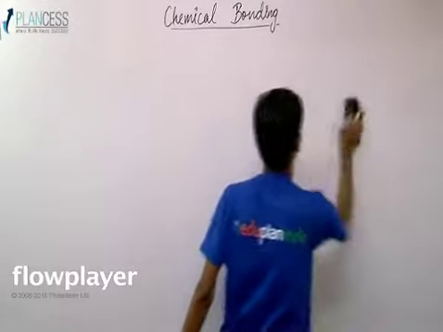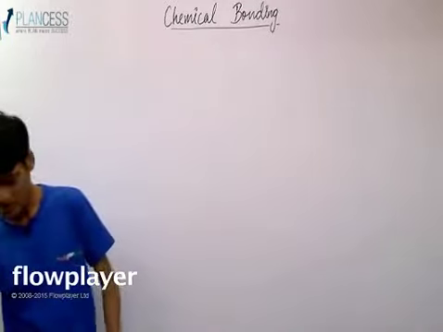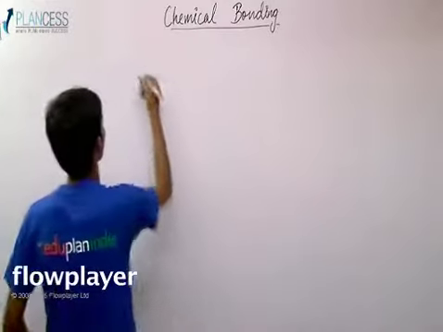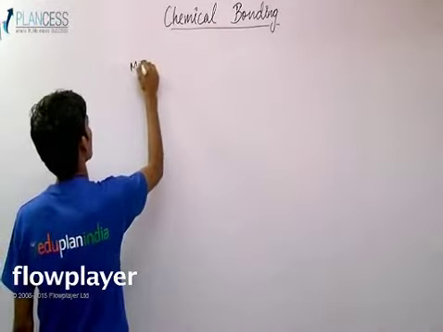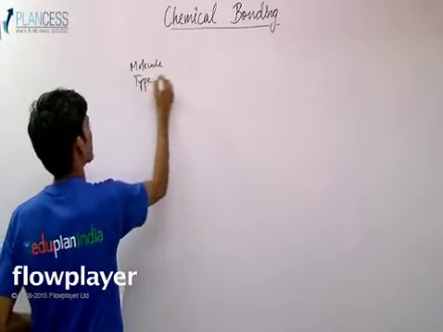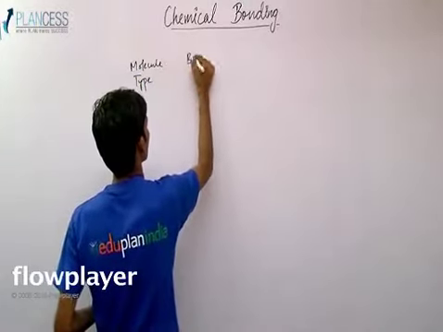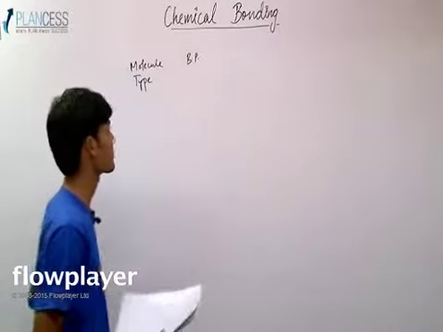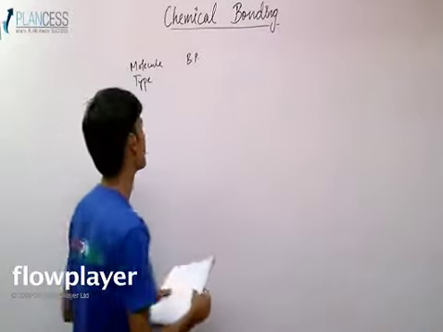So now I am taking the case in which there are lone pairs present. Let's say molecule type. Here I should write the molecule type. Here I will write the number of bonding pair electrons. If there are 4 bonding electrons present, then definitely there will be 2 bond pairs.